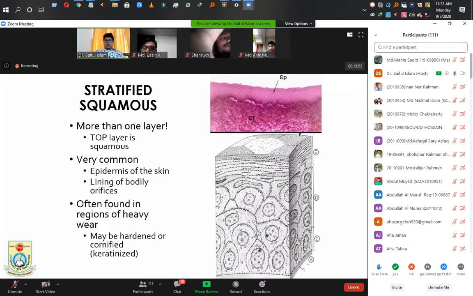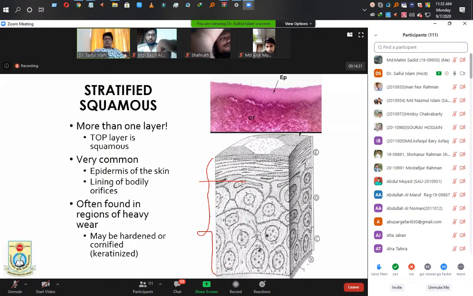Look at the picture under EM, SEM: there is one layer, then another layer, then another. Here there are five layers of cells, and this is the top layer. The top layer has flat cells and nuclei, so we name this epithelium stratified squamous epithelium.